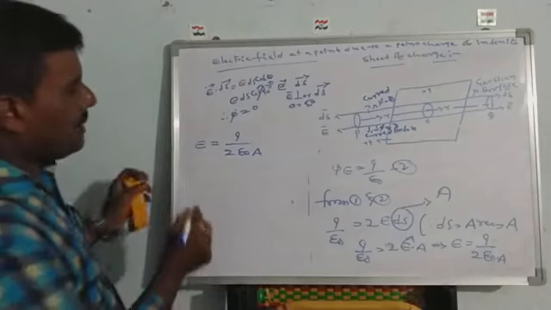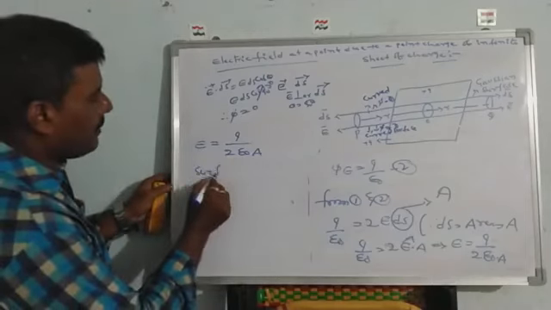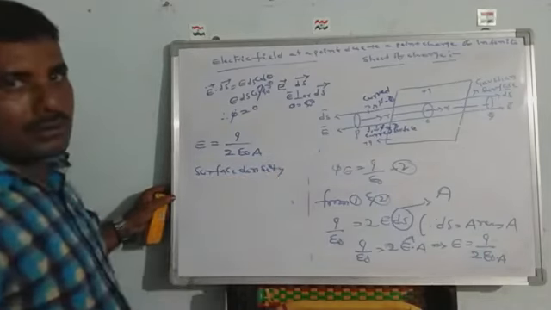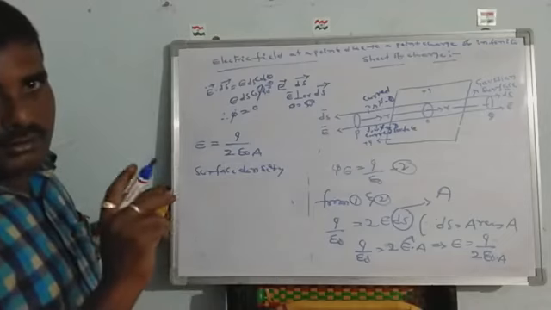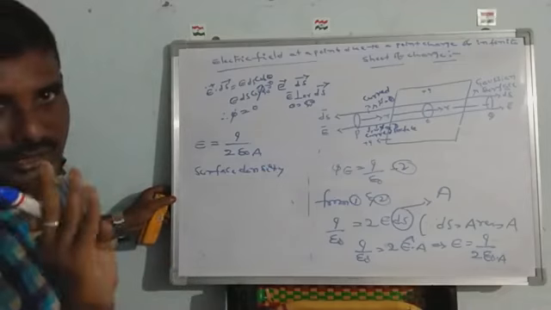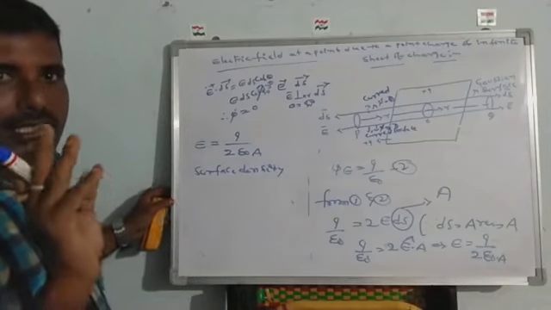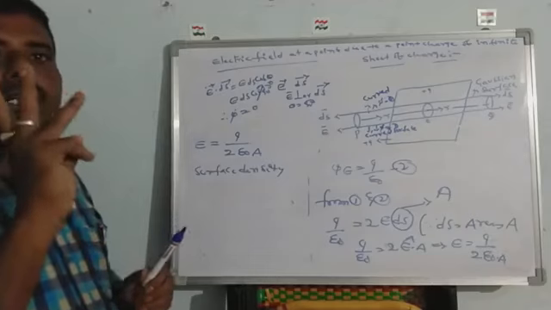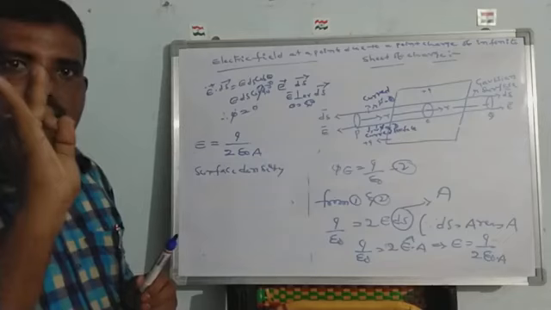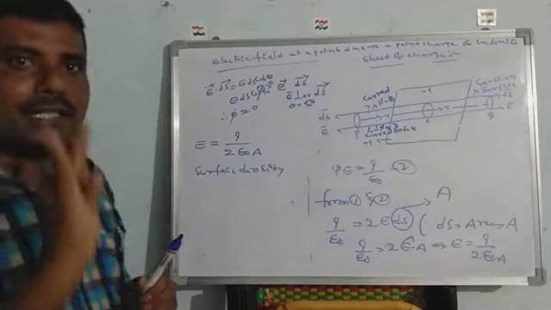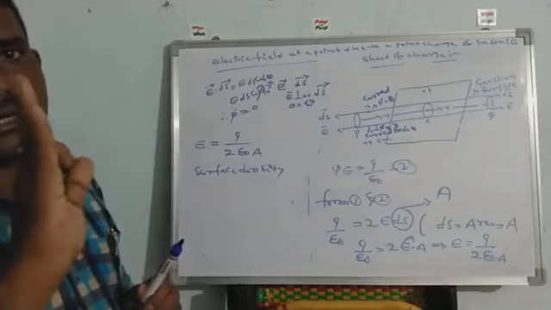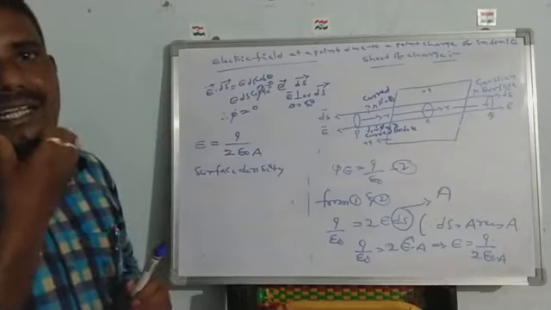By using the surface density, already we discussed, due to the charge distribution, the density can be divided into three. One is the volume density, another is surface density or area density, and another is longitudinal or linear density.